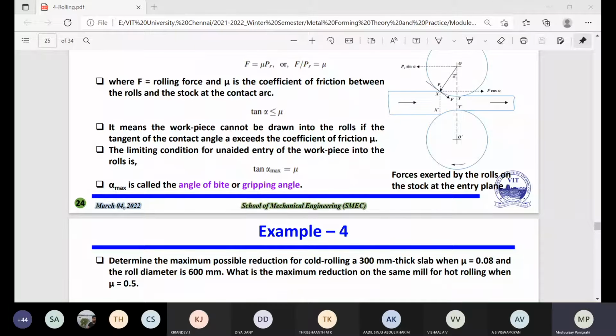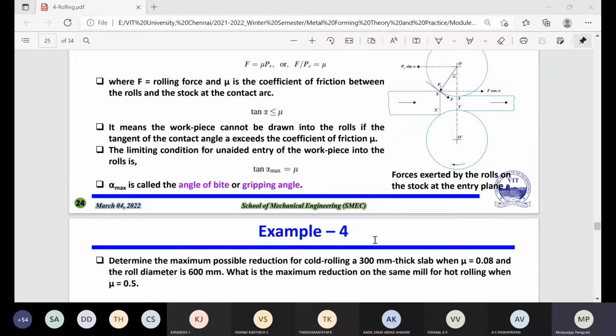So what is given here? Initially the thickness is given. Maximum possible reduction for cold rolling at 300 mm thick, so that means T0 is given. Then friction is given, mu is 0.08. And the roll diameter is given, capital R, 600 mm.